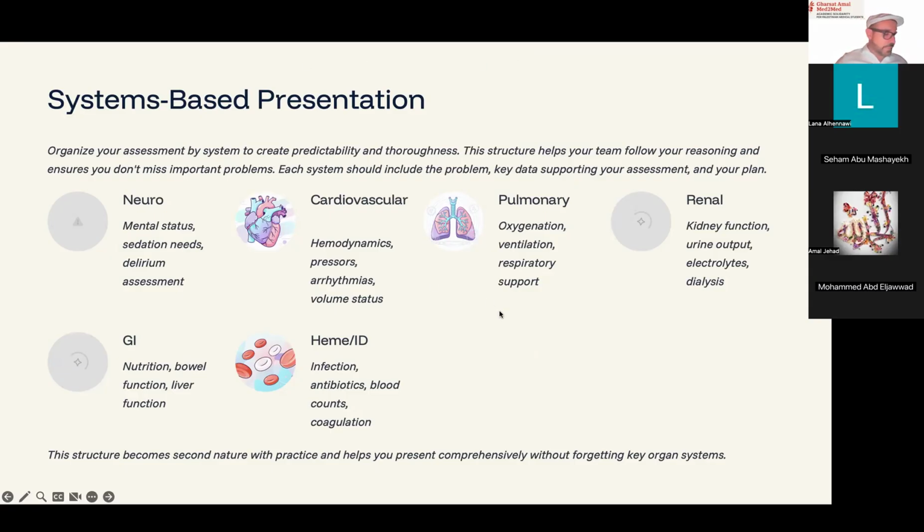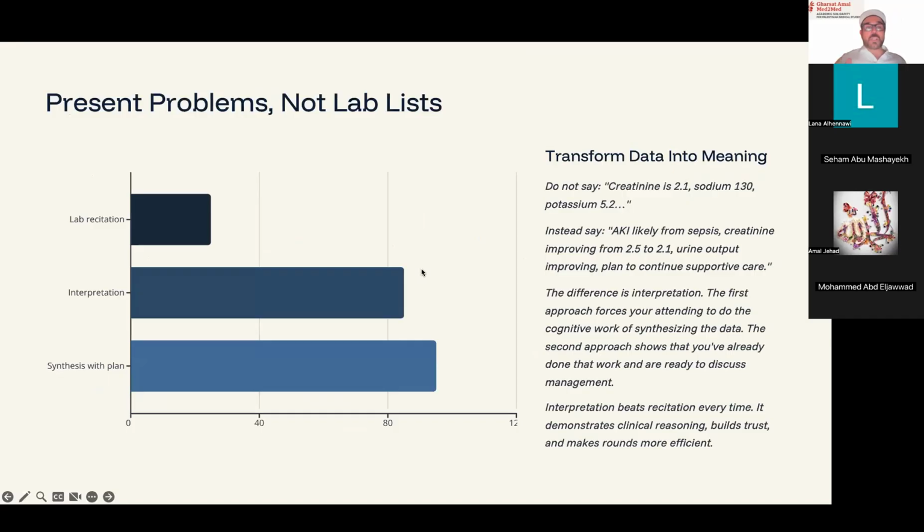Sometimes, instead of looking by systems, respiratory system, cardiac system, you can actually organize it by problems. We call that the problem list.